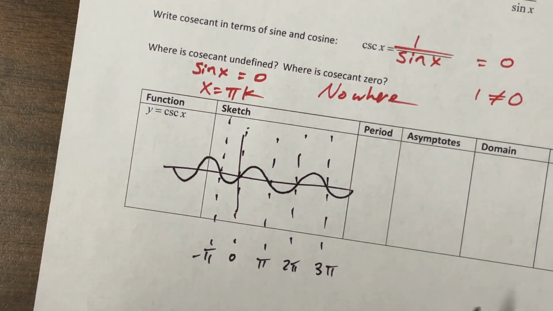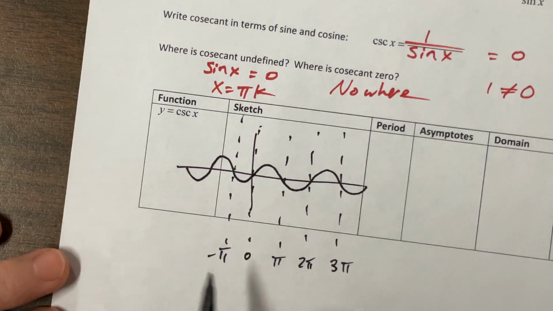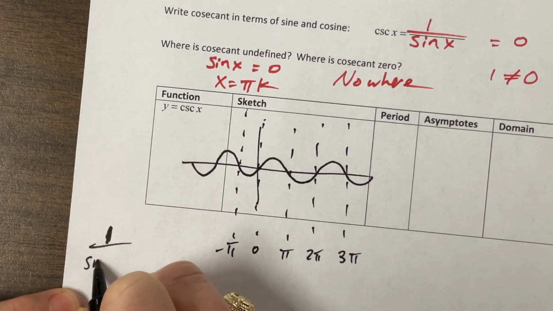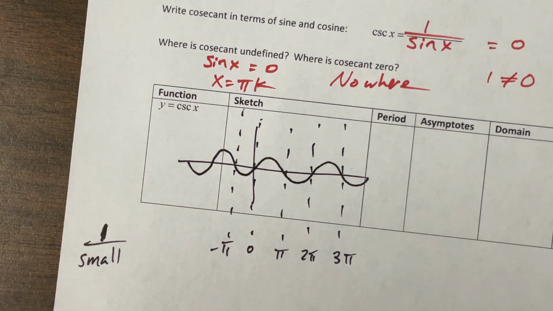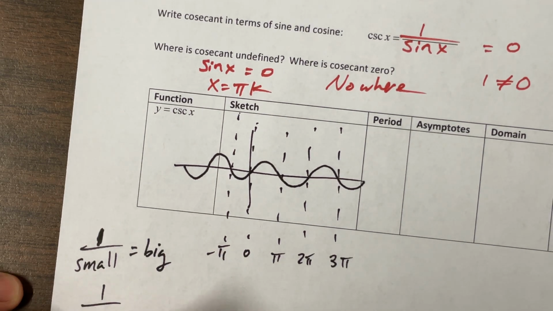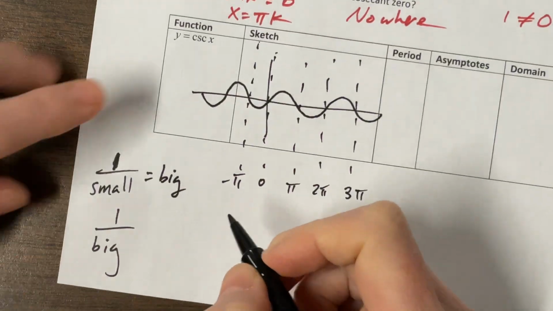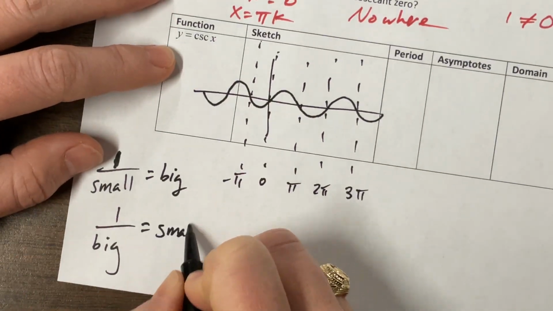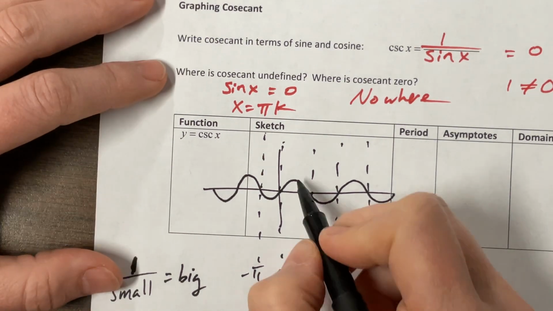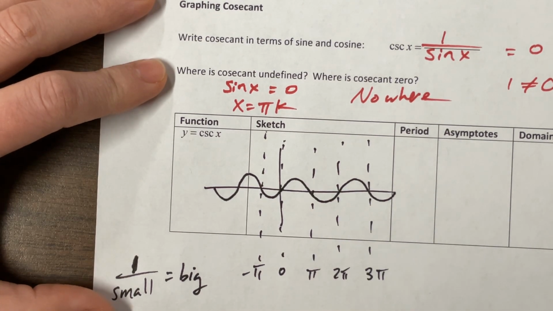Okay. So what happens is if I have 1 divided by something really, really small, I end up getting something really, really big. If I have 1 divided by something really, really big, I end up getting something really, really small. And here at 1, what is 1 divided by 1?